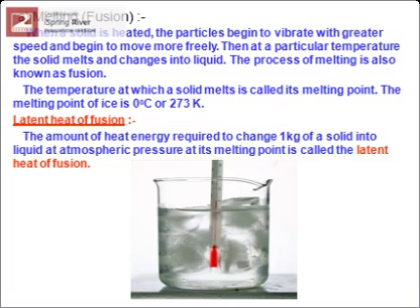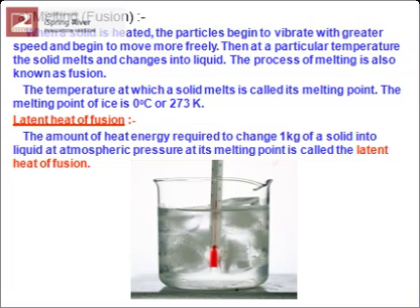The amount of heat energy required to change 1 kg of a solid into liquid at atmospheric pressure at its melting point is called latent heat of fusion. Now the meaning of this statement is that I am applying heat. The temperature is increased. Slowly solid particles break down the force of attraction. Solid particles are converted into liquid.